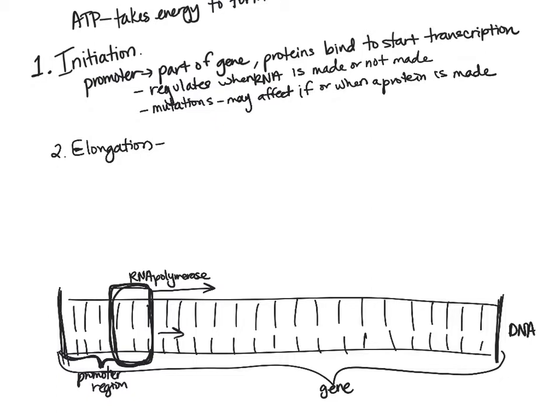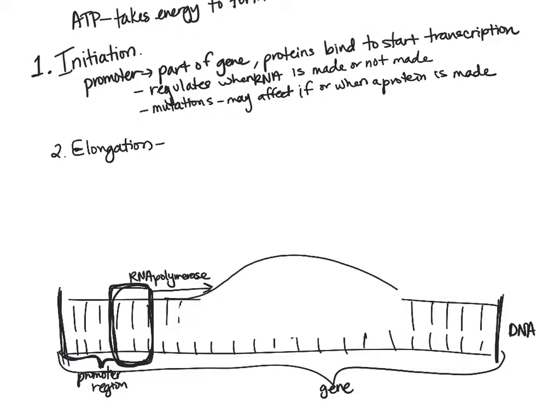So we have to go through and break all these hydrogen bonds. Those hydrogen bonds are going to be broken all along here, and the DNA is going to be separated a bit here. So we open up our DNA a bit.